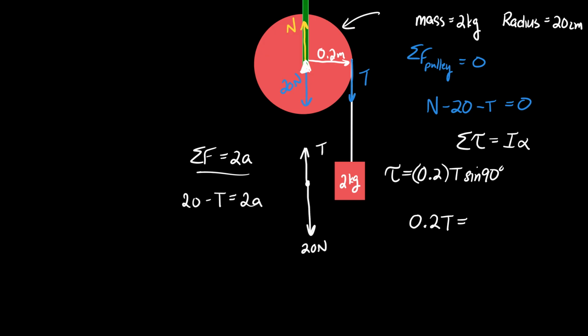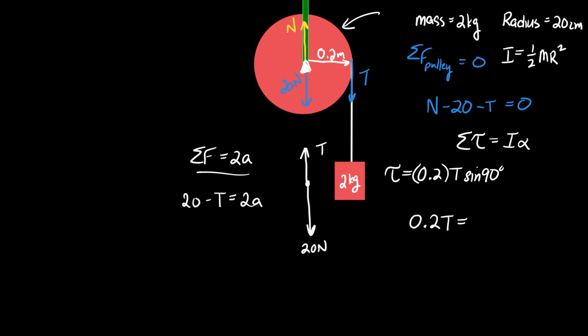The moment of inertia is based on the shape of the object. What shape is this? It's a disk. Do we have in our heads the moment of inertia of a disk? All right, there we go. 1/2 m r squared. You have all the numbers there.